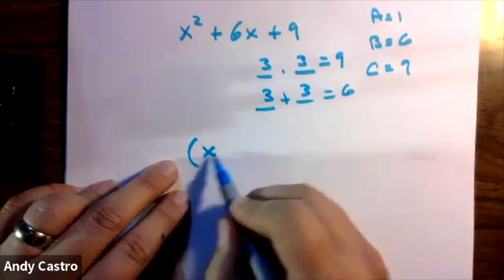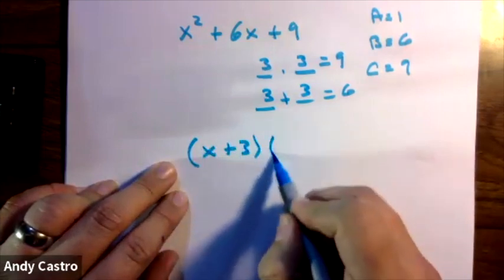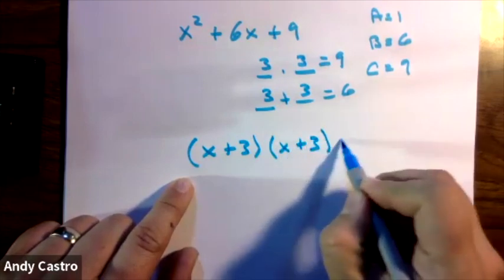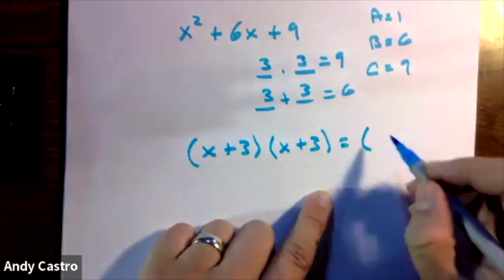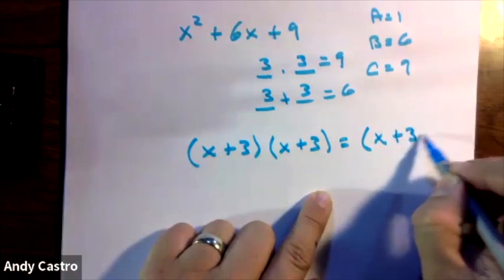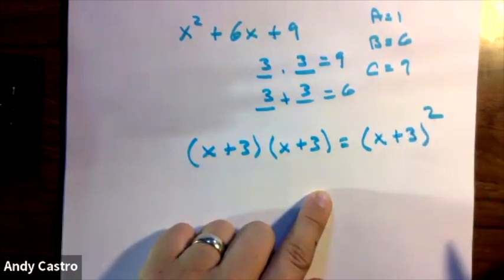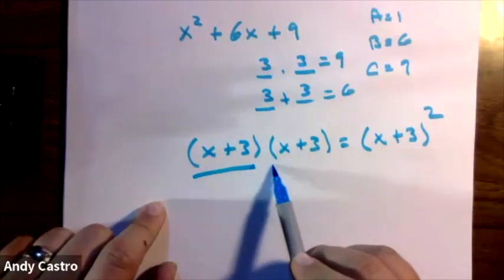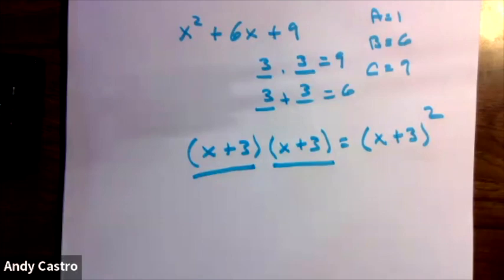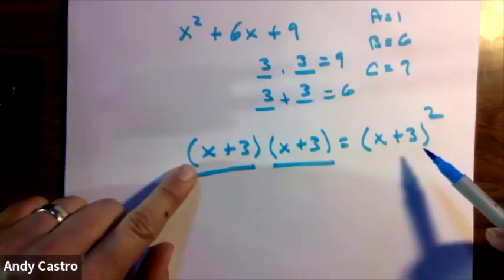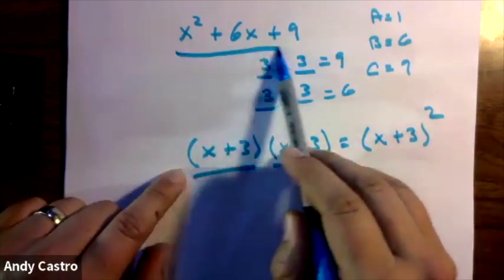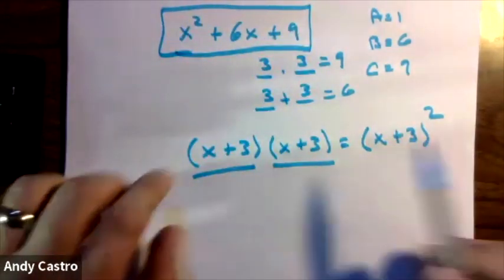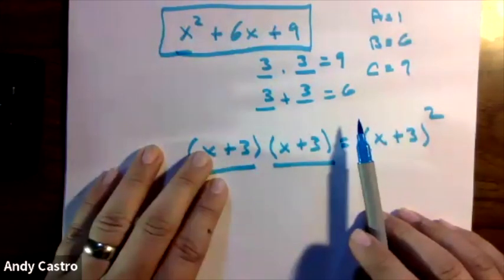So we would have the quantity x plus 3 times the quantity x plus 3. That's the same thing as the quantity x plus 3 squared. This squared means we're going to multiply this quantity twice, just like we did here. So this would be a perfect square.